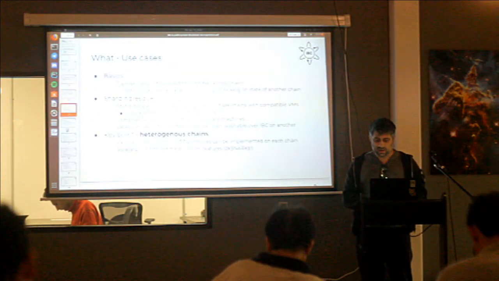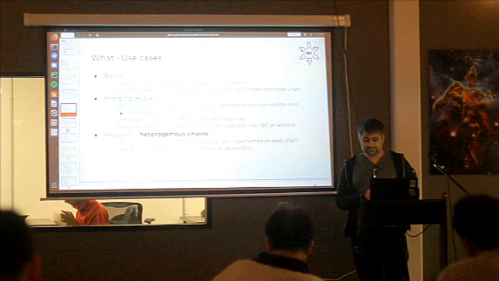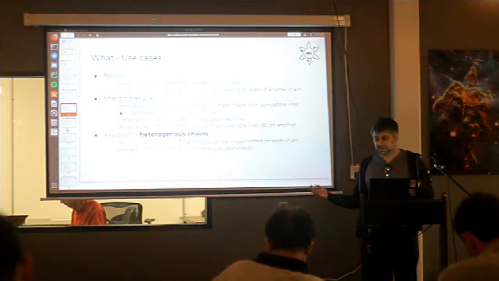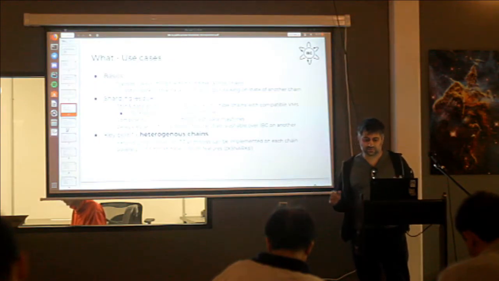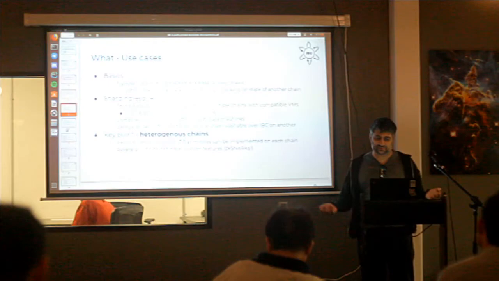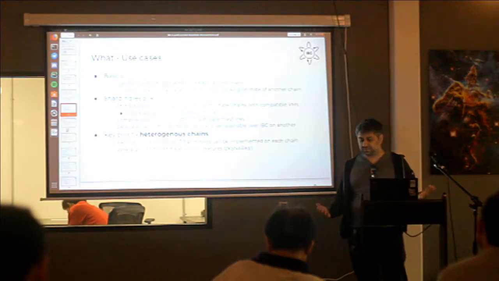The basic inspiration of IBC was, long before Alex was even in this space, I was thinking about sharding and the data availability problem and adaptive corruption problems. They're all super hard problems to solve.